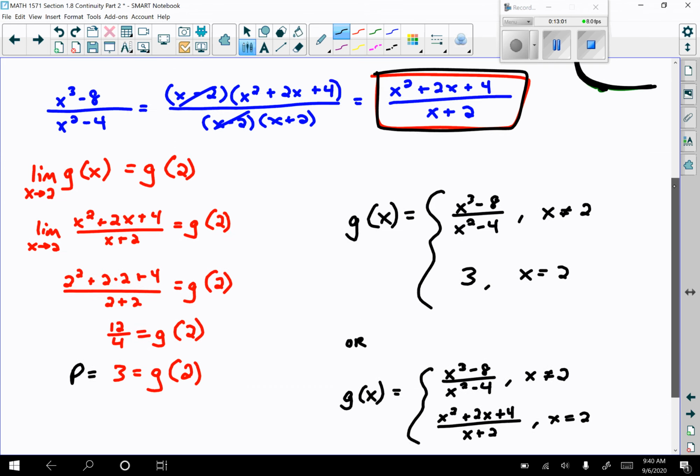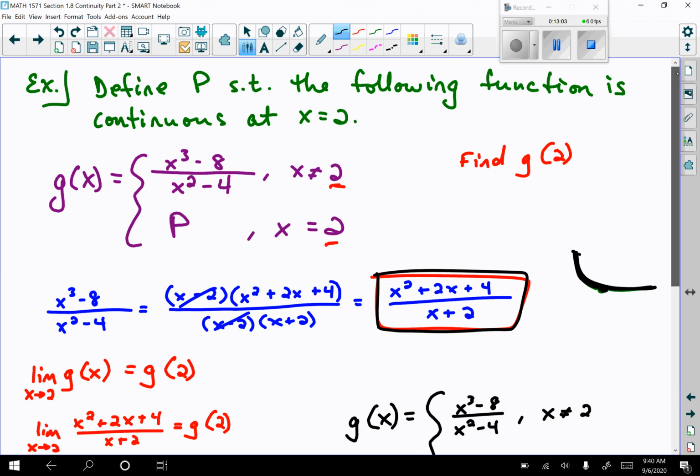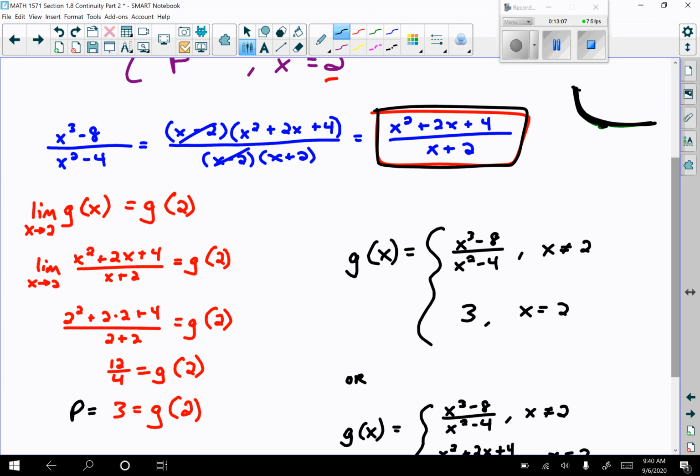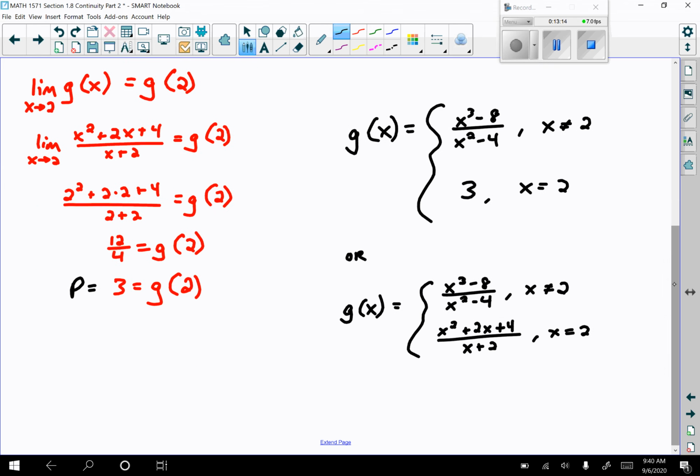And again, that fills in the hole. But what we wanted to do here was define p. So p could be this function. So we could let p just be this new function once we factored out the x minus 2's and divided those out. So those are two ways to do this. Again, finding a specific value that fills in that hole removes that discontinuity.